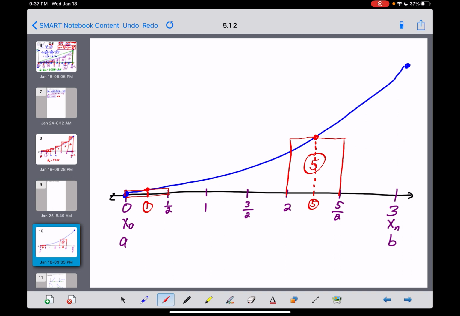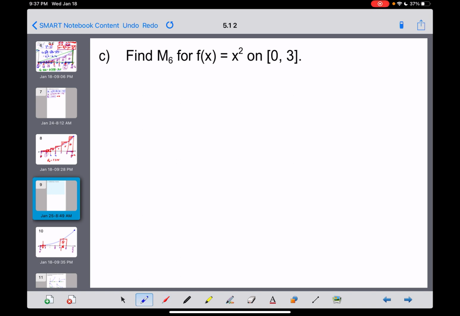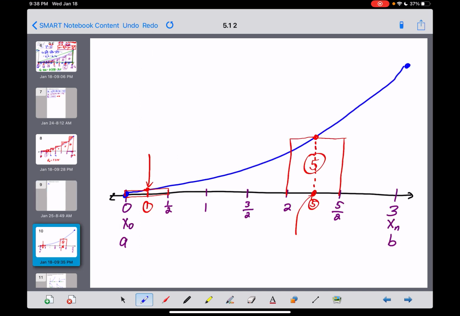So the question then is, what is this x value right here? Or eventually, what's this x value right here where we actually determine the heights of the rectangles? All right, so let's get to that. Our general formula here, guys, is going to be M sub n, a midpoint approximation with n rectangles. Well, the good news is the width of each one of these rectangles hasn't changed.